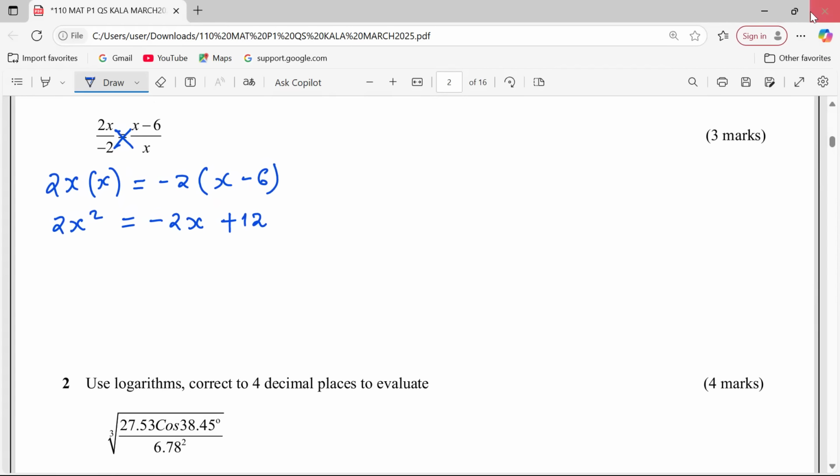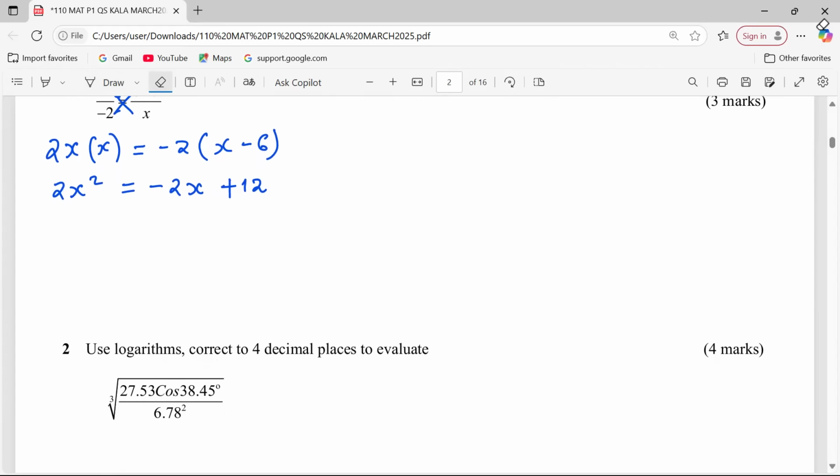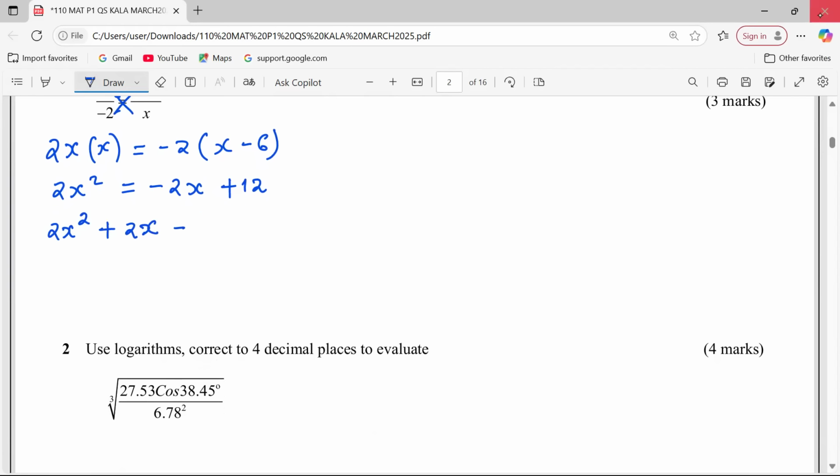That is, we begin with the term that has 2x squared. So this is going to be 2x power 2 plus 2x minus 12, equivalent to 0.